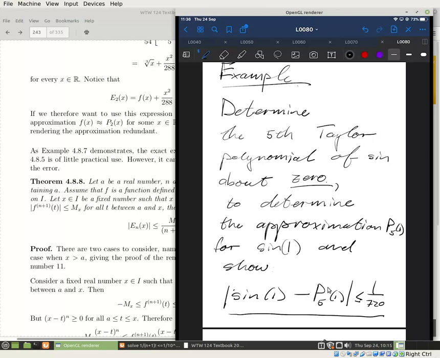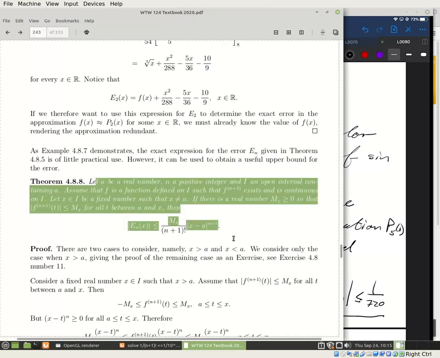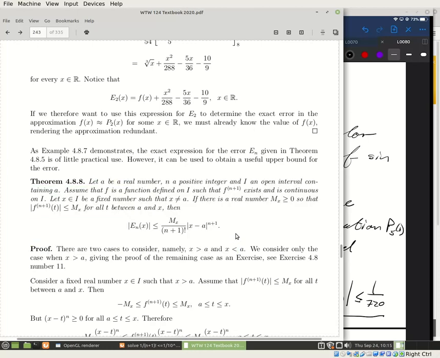So in our previous lecture we determined an approximation for the sine of 1 by evaluating p5 at 1, and now we want to show how accurate our approximation is. How close is our approximation to the actual value of sine? What we will do is apply this theorem.